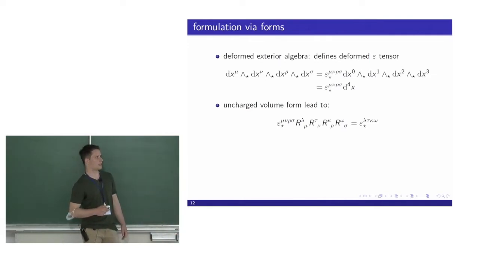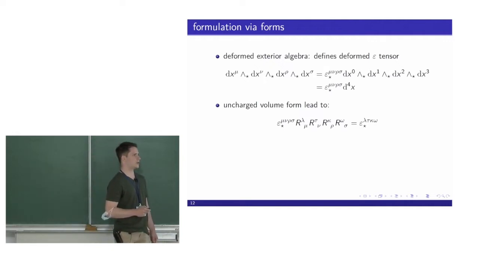We can also move fields over these basis 1 forms. When we multiply via a star product a function or a field to the very right here, we can move this over all these 4 basis 1 forms, which introduces 4 of these R matrices. Then collecting just the coefficients with respect to the volume form gives this epsilon tensor. On the right hand side, we just have the star product between this volume form and a field.